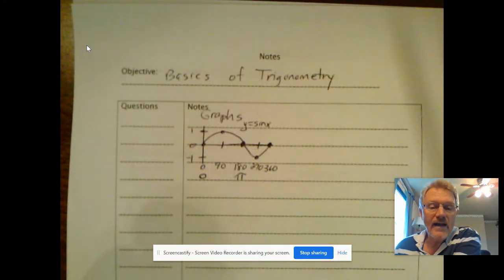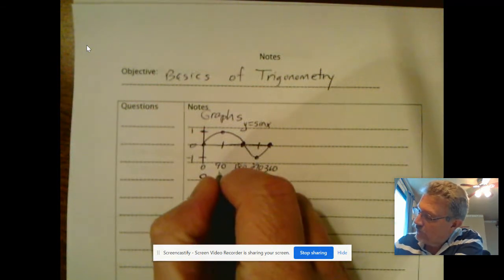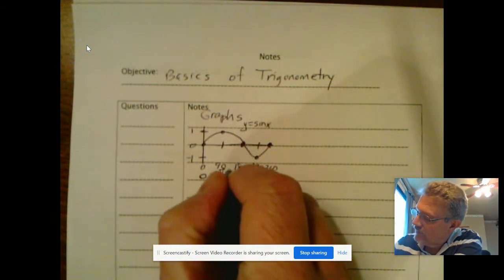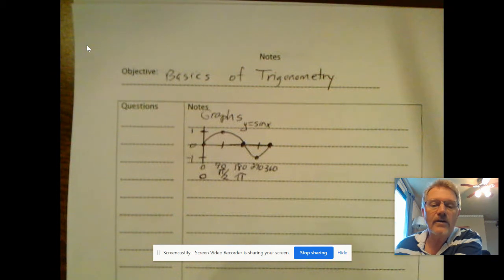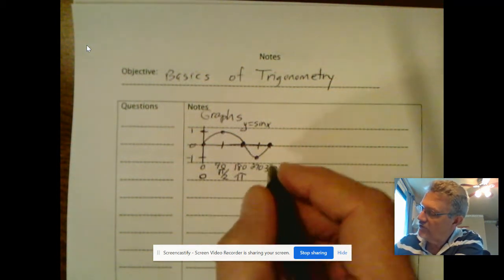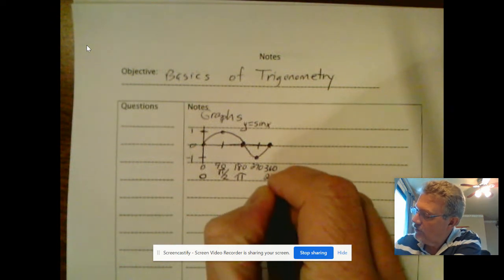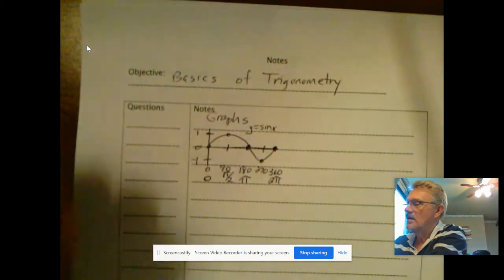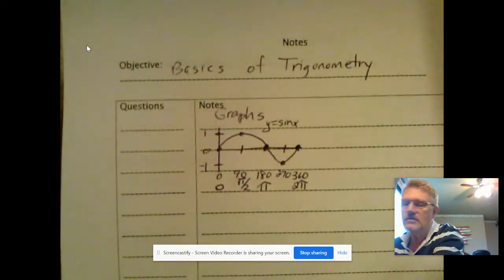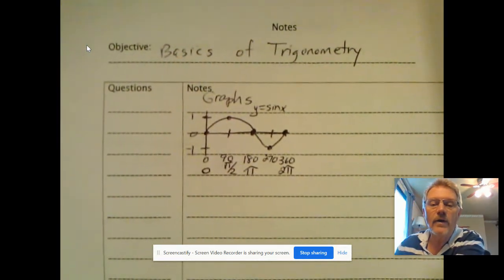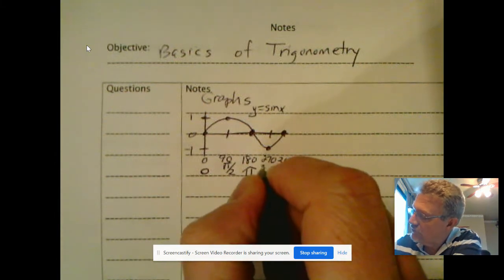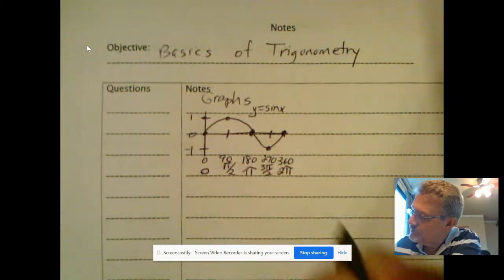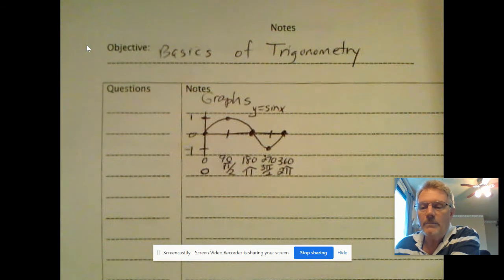So 90 is half of 180, so the radian measure for 90 degrees is pi over 2. 360 is twice 180, so 360 degrees is 2 pi. And then 270 is 3 pi over 2. So we measure in both degrees and in radians.